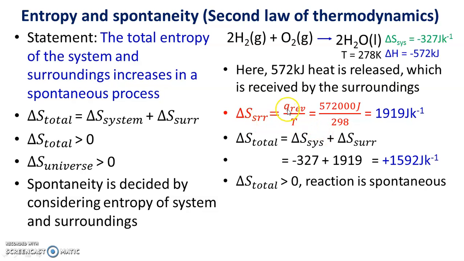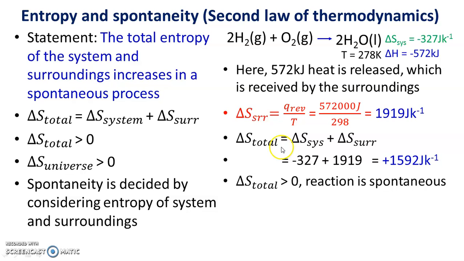Now we know Q reversible is 572 kilojoule, which is converted into joule: 572000 upon 298, the absolute temperature. So delta S surrounding is equal to 1919 joules per Kelvin. Now delta S system is already known, minus 327 joules per Kelvin.